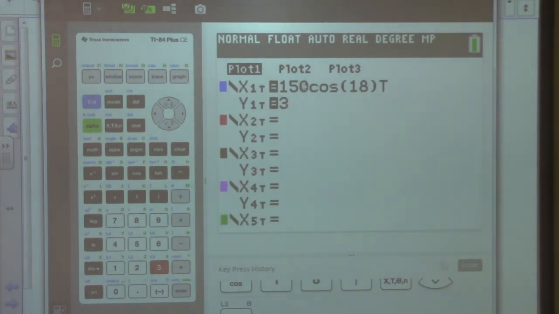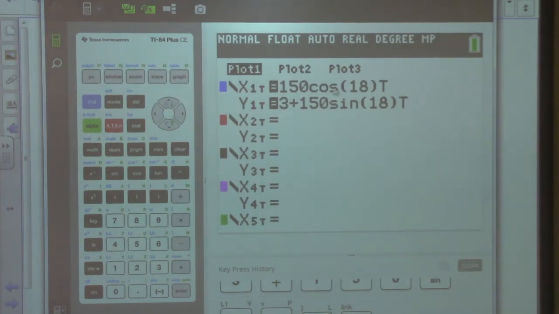Instead of the horizontal motion, you're going to have a vertical motion, which is going to be 150 sine 18 degrees times t.